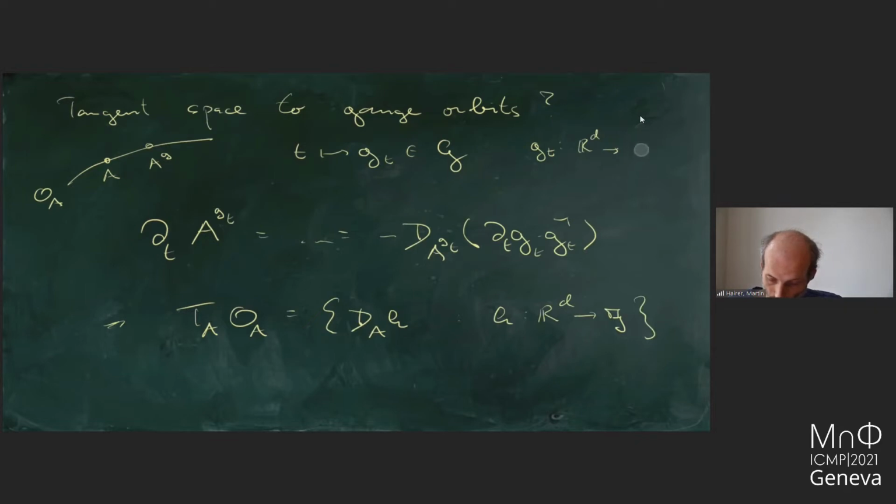Oh, sorry, this was rubbish here, so it's not in the Lie algebra, here it's in the Lie group. Okay, so that tells me what the tangent space looks like.